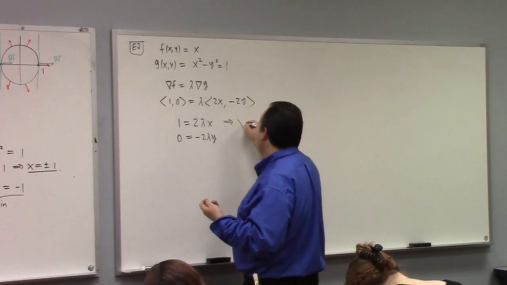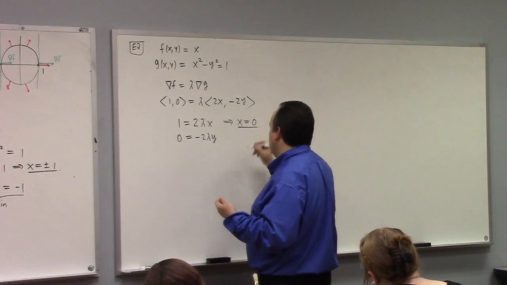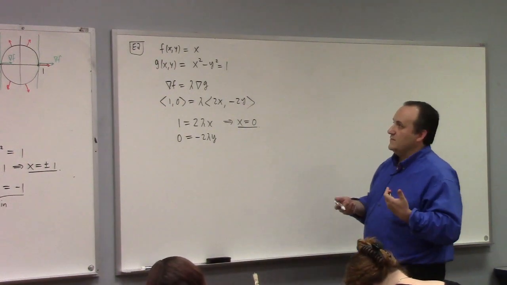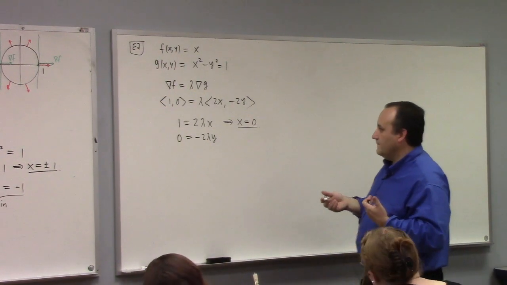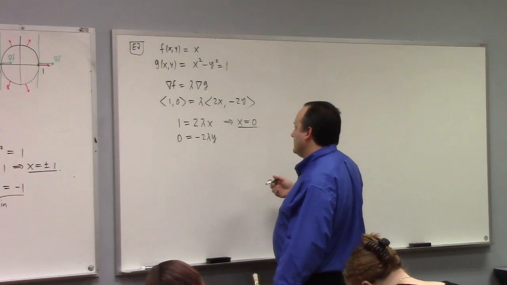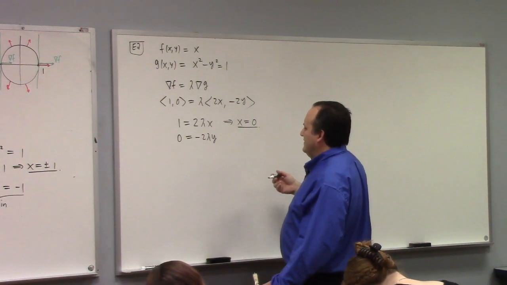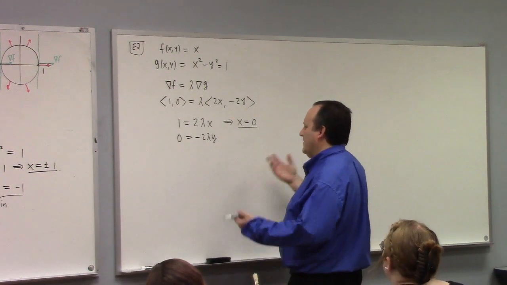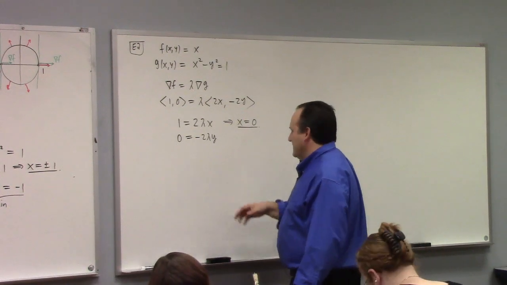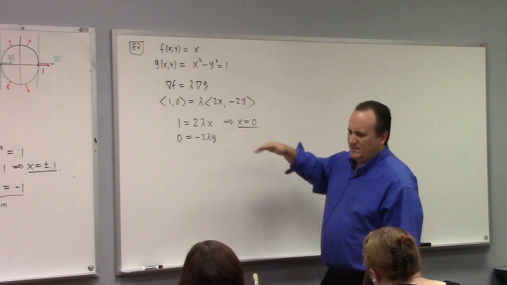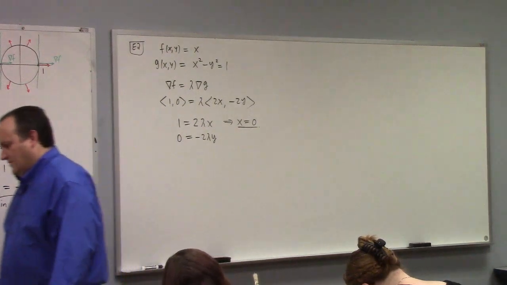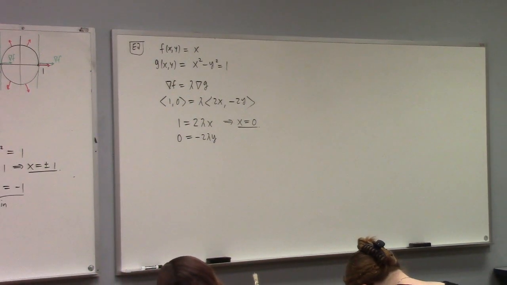This implies x equals 0, hooray. And once we know x is equal to 0, what's y have to be? Oh, excuse me, I'm a dummy. Does that say x equals what? What is wrong with me? Well, many things, but obviously no. Good grief.